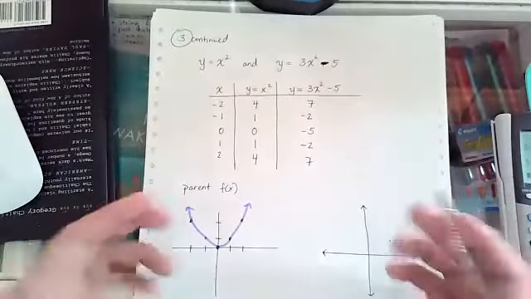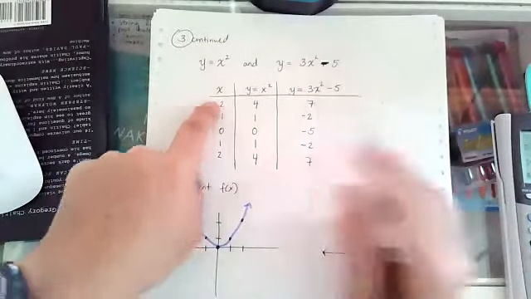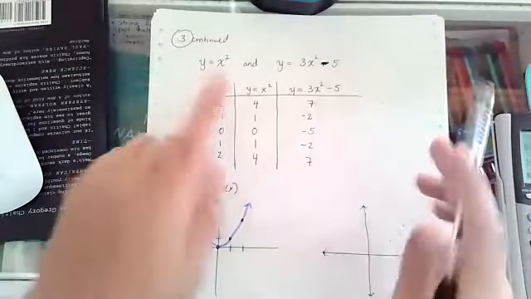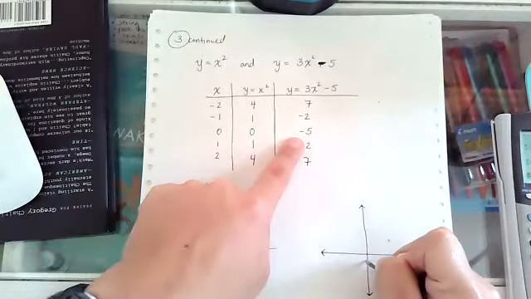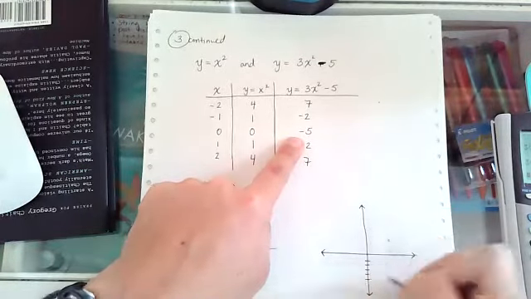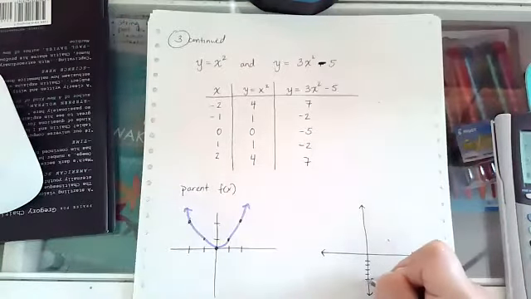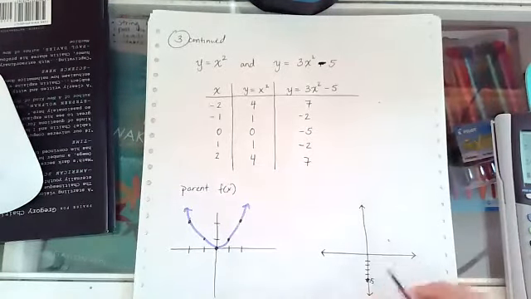So we can plot these x and y values as ordered pairs. So -2 is out here. Let me start at 0, actually. 0 and -5. 1, 2, 3, 4, 5. There's my -5.